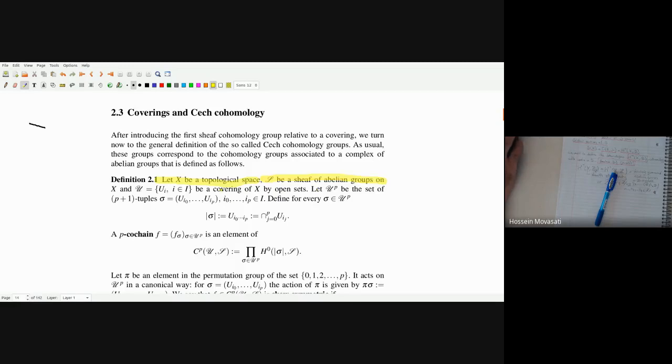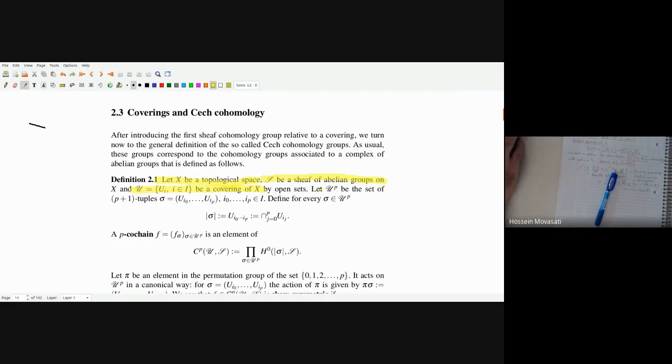Again, you can take it to be Z. And most importantly, we have to take a covering U_i of X with open sets. And the idea is that the topology of X is governed by the combinatorics of how these open sets intersect each other.